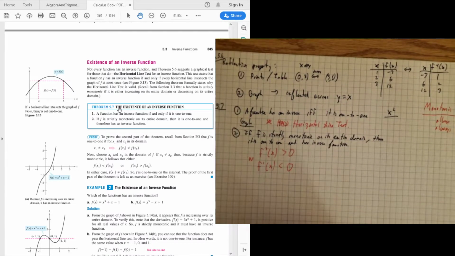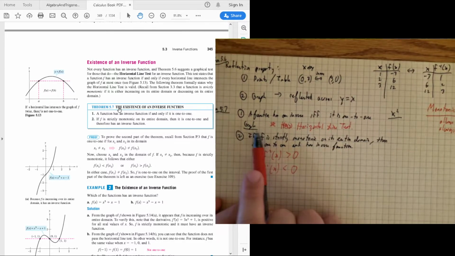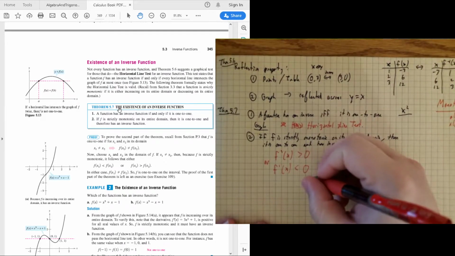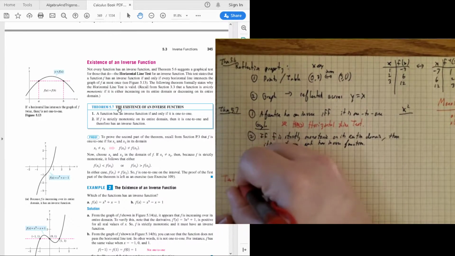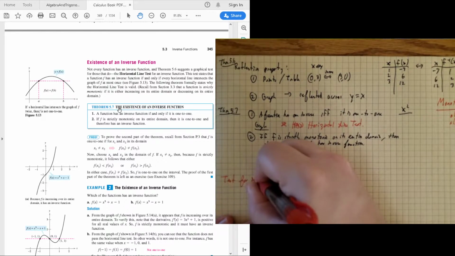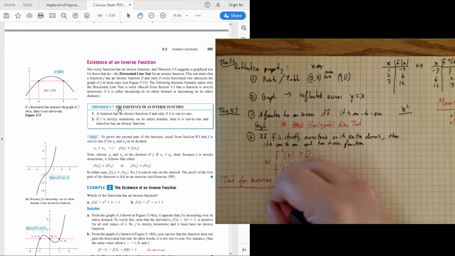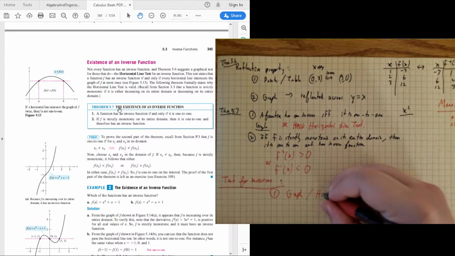This indicates that you're going to have an inverse function, which means we can test to see if there is an inverse by looking at the graph or by looking at the derivative. So if we want to talk about how we test to make sure there's an inverse, there are 2 ways. One, graph it and do the horizontal line test.